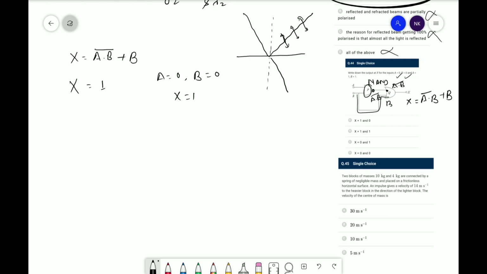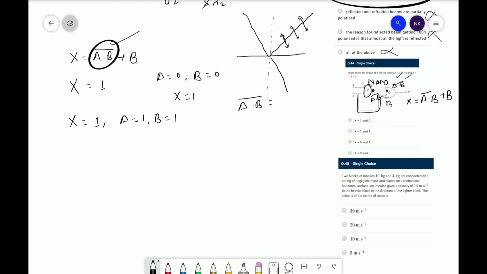What will happen if A is equal to 1, B is equal to 1? Then A dot B bar will give 0. So this one will give 0 in the second case, but 0 plus 1, B is 1. Hence X will be 1 if A is equal to 1, B is equal to 1. I am writing here the truth table for A dot B bar.